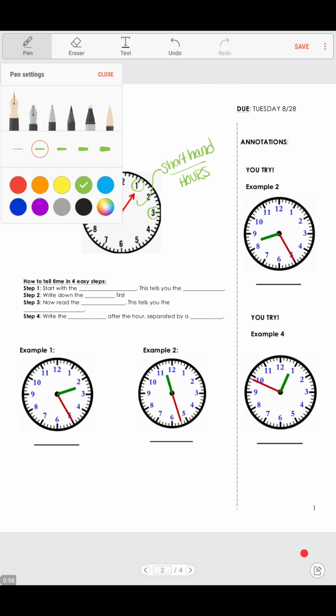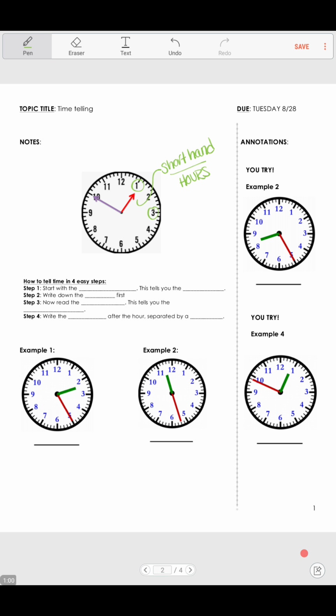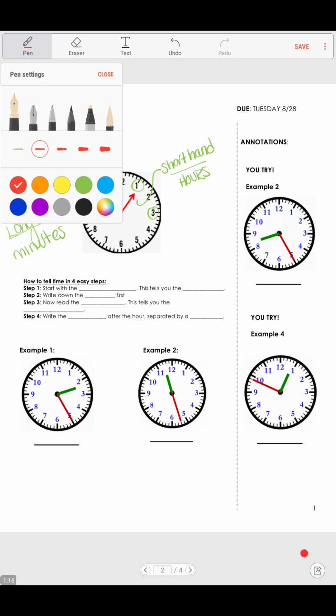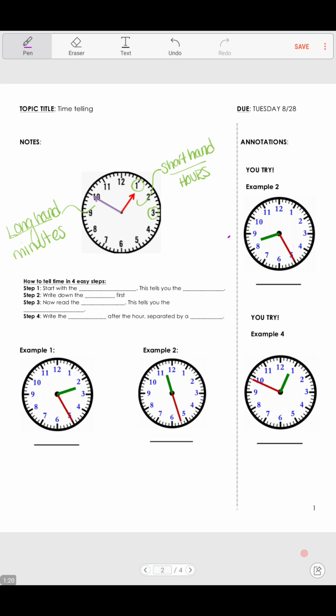The longhand, I'll just stick with this color, tells us the minutes. Okay? And the minutes are a little different. The minutes are the numbers correlated with the shorthand, but instead of counting by 1, 2, 3, 4, 5, 6, 7, 8, etc., we're starting at 0 and we're going to count up by 5s.